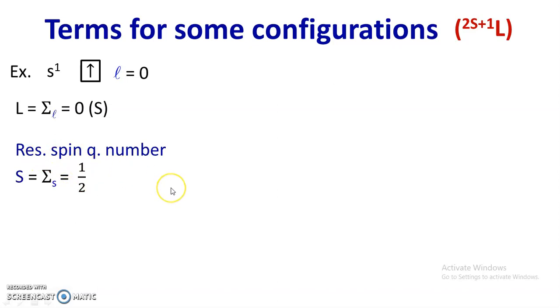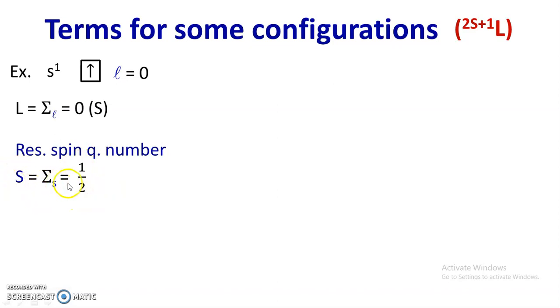Now resultant spin quantum number, that is S, it is the algebraic sum of individual spin quantum number values. There is only one electron, and for this electron spin quantum number is half. So as only one electron is there, resultant spin quantum number, it will be half.